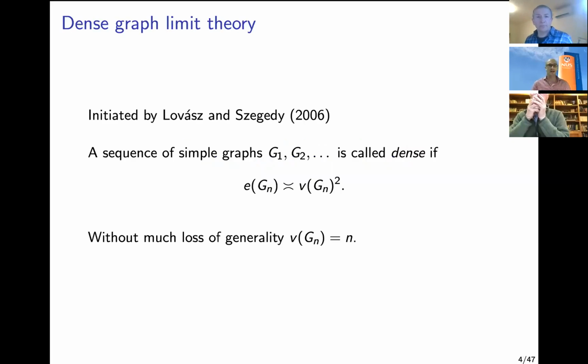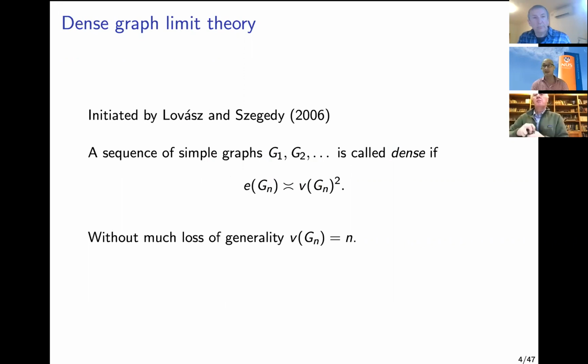So, all right, dense graph limit theory was initiated by Lovász and Szegedy in 2006. And what do we mean by a dense graph sequence? That's essentially a sequence of graphs where the number of edges scales like the number of vertices squared. So these are dense in the sense that there are a lot of edges.